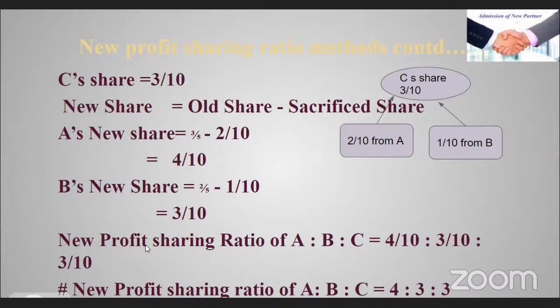In that case, the new profit sharing ratio of A, B, C is 4/10 is to 3/10 is to 3/10. C also has 3/10, because for all three the denominator is 10. Remove the denominator and take only the numerators: the new profit ratio of A, B, C is 4:3:3.